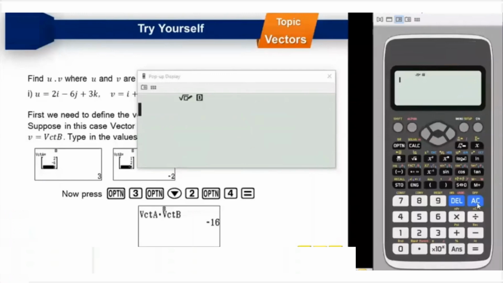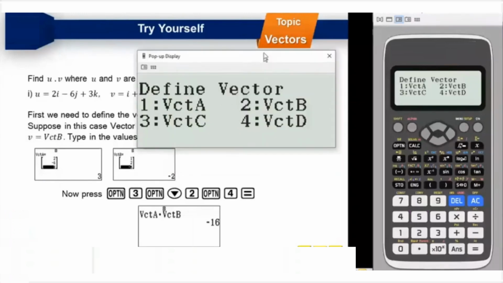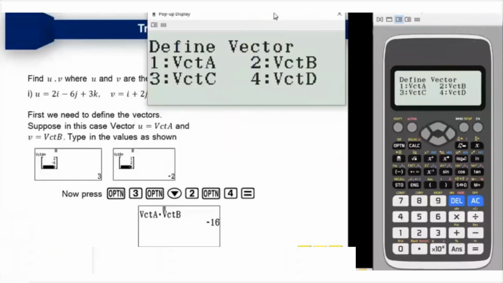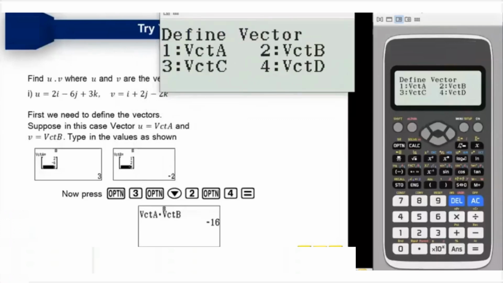Now press menu and 5. You will enter into the vector mode. You need to define the vectors. The first vector is 2i minus 6j plus 3k.